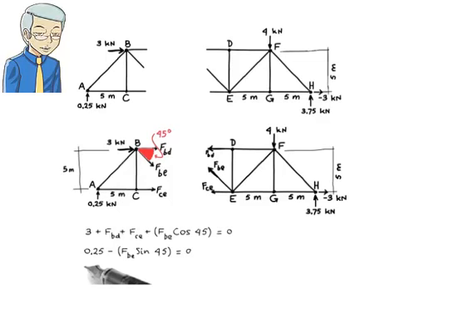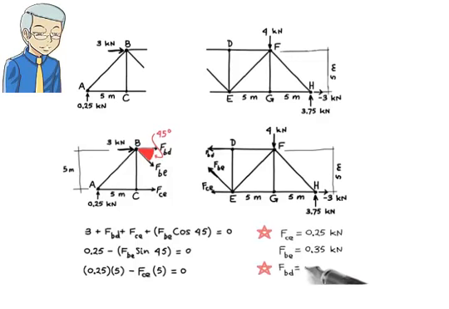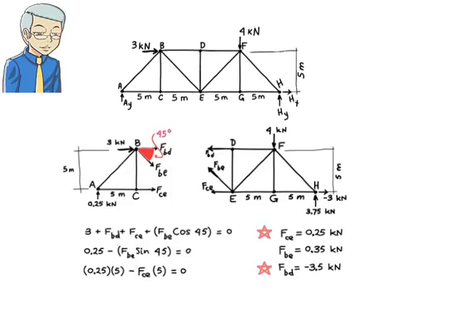For the sum of the moments, say about point B, assuming clockwise direction is positive, we have 0.25 times 5 minus FCE times 5 equals 0. Solving these equations for the unknowns, we get, so member CE carries a tensile force of 0.25 kilonewton, and BD carries a compressive force of 3.5 kilonewtons.